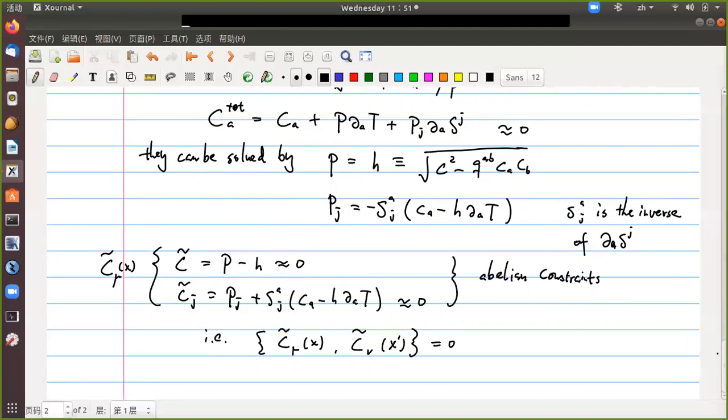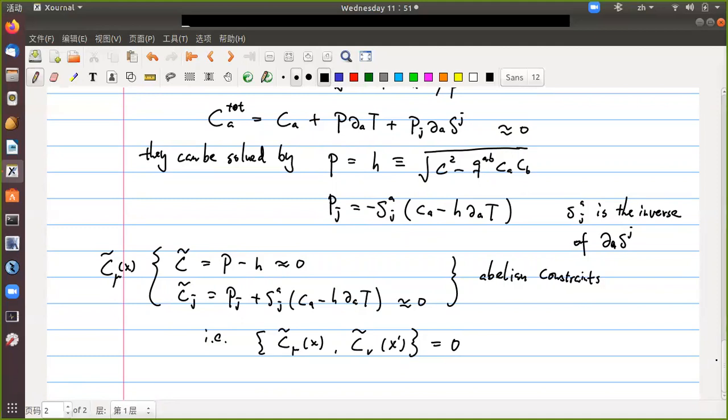But roughly speaking, these abelian constraints are equivalent to the earlier constraints up to some subtlety. But these new constraints are really abelian. They satisfy a very simple constraint algebra, which is a Lie algebra, and it is a trivially abelian Lie algebra.